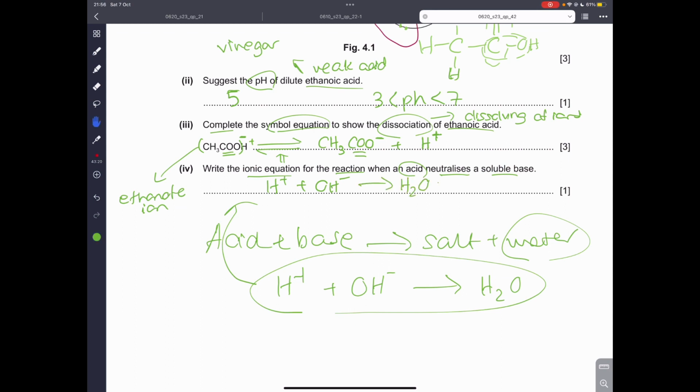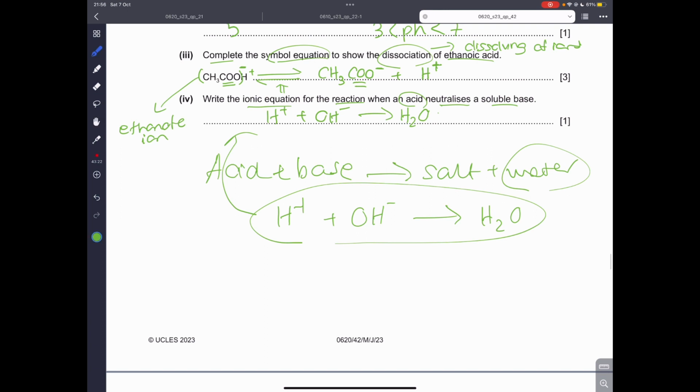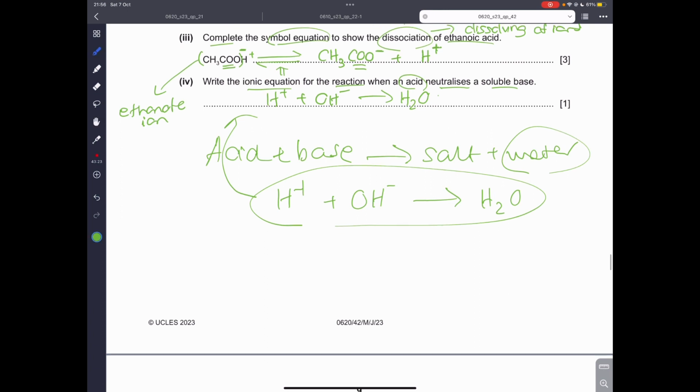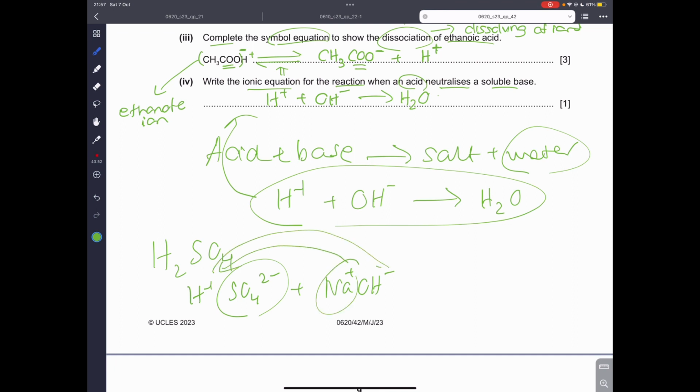Now if you're wondering why we don't write the other ions of the acid, for example H2SO4, sulfuric acid, H plus and SO4 2 minus, well, this is because when the acid reacts with a base, a double displacement reaction is going to happen. A base could be NaOH, Na plus and OH minus. So the Na is going to take the place of hydrogen, and hydrogen is going to react with the hydroxide.